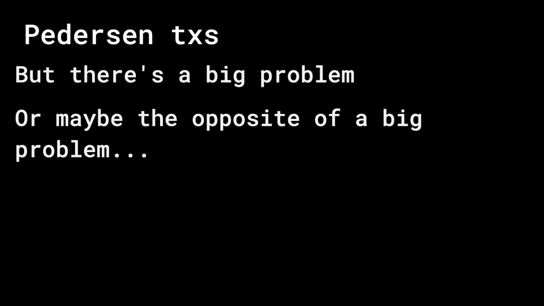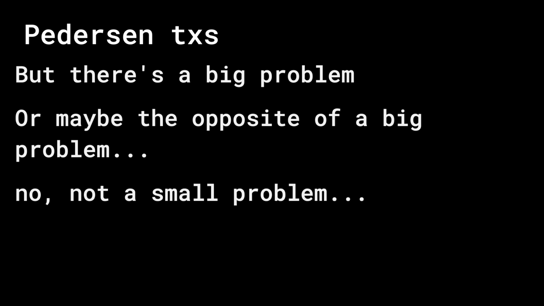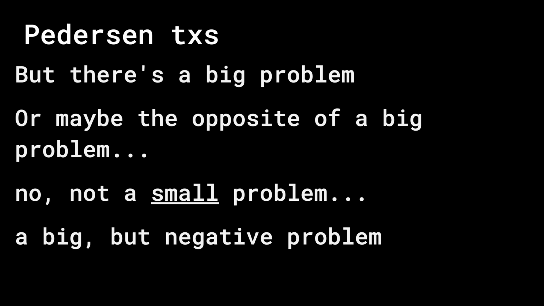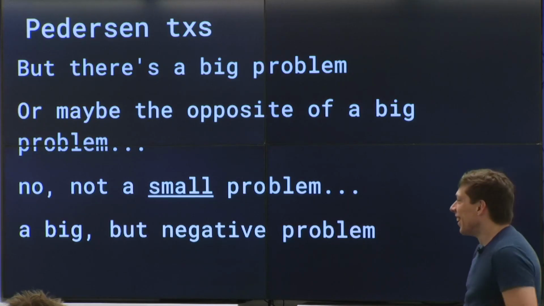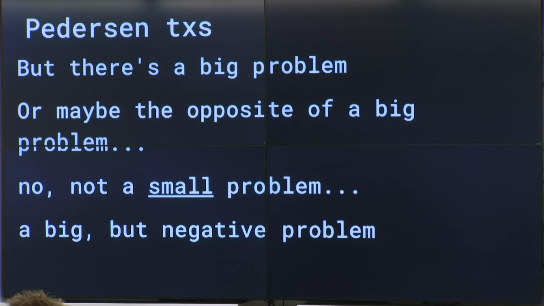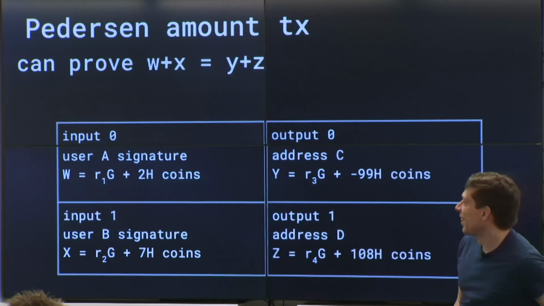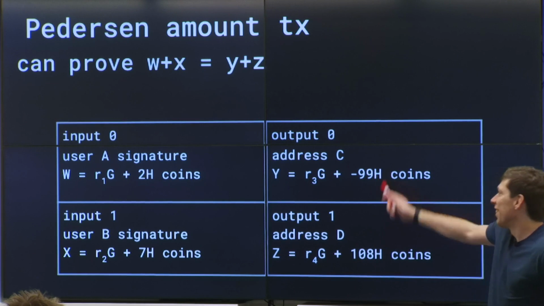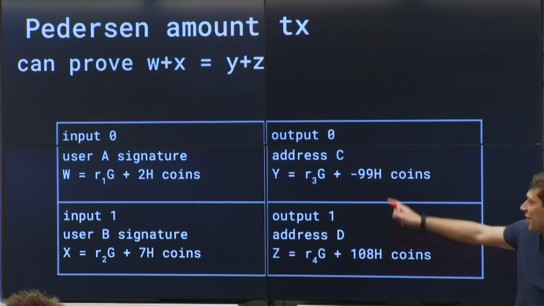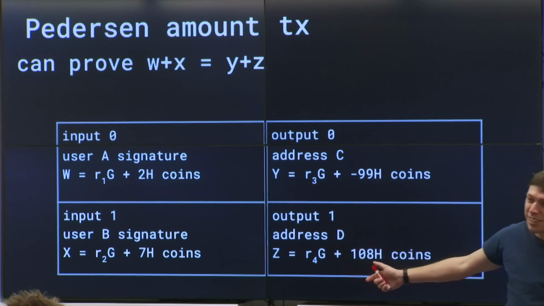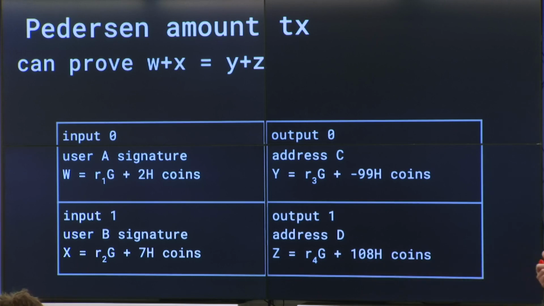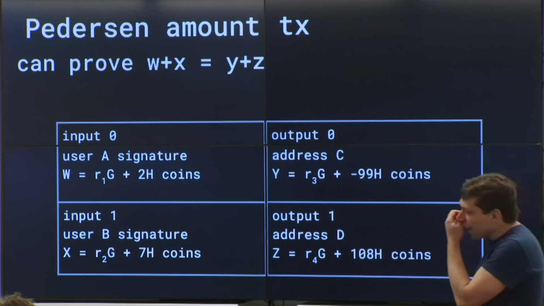It's a big problem, or in some ways the opposite of a big problem. Not a small problem. The opposite of a big problem, but not small. Big negative problem. You can basically commit to negative values, right? So I just send negative 99 coins here, positive 108 coins here. The numbers all work out. So you don't actually have negative.